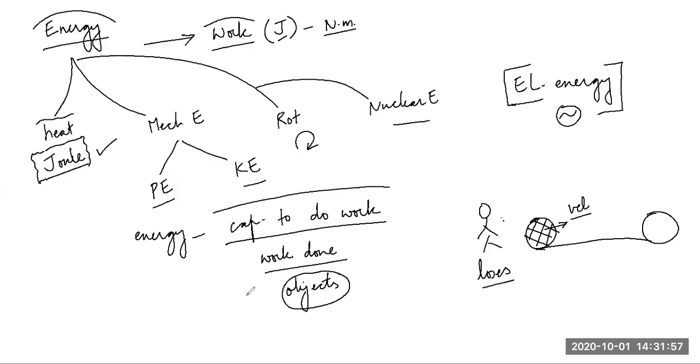Work is always done on objects. When the work is done on objects, the person or the object, it can be a car doing work, it can be you doing work, it will lose the energy, and the object on which the work is done, it will gain the energy, right?